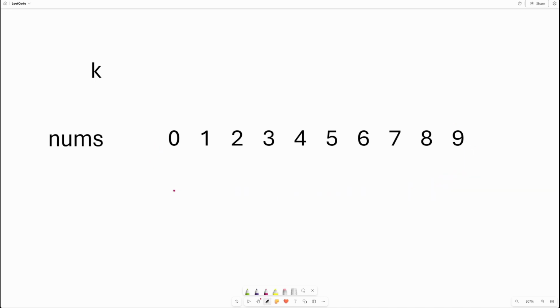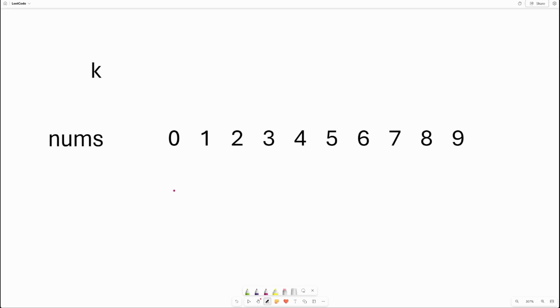The first approach I'm going to try will involve 3 rotations of different segments of the array. So we're going to do 3 rotations of parts of the array. So think about the following.